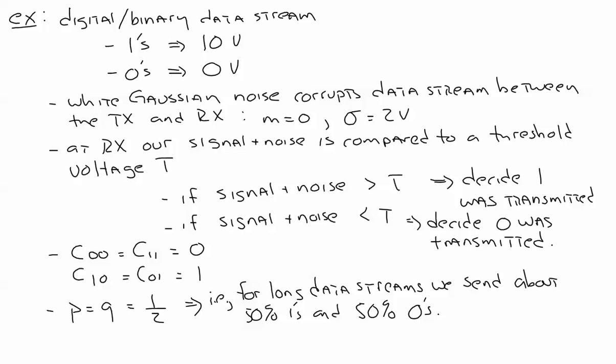All right, so about half the time I'm going to declare a 0, and about half the time I expect to declare 1s. That just kind of makes sense. And the question is, what is the optimum threshold? What is the optimum threshold?